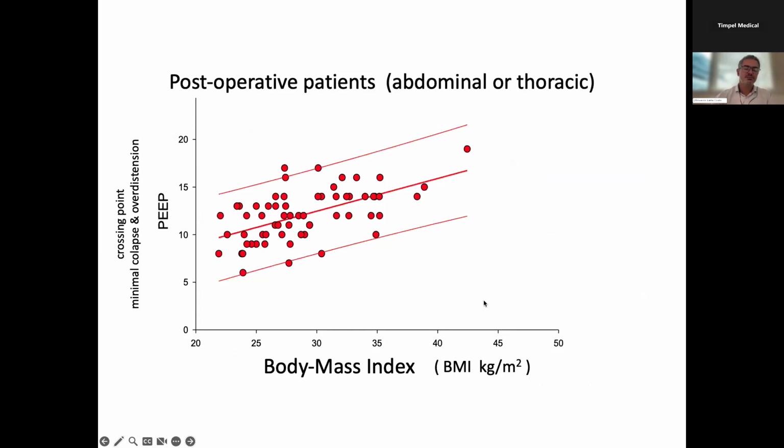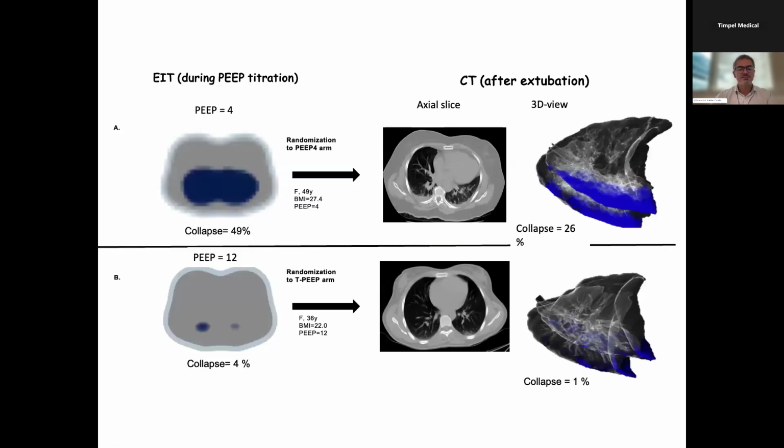Another interesting aspect is that patients who have collapse, we usually tend to think that, oh, they have collapse because their lungs are sick, patients are sick, they have severe pneumonia, ARDS, or whatever, that's why they collapse. But that's not entirely true.